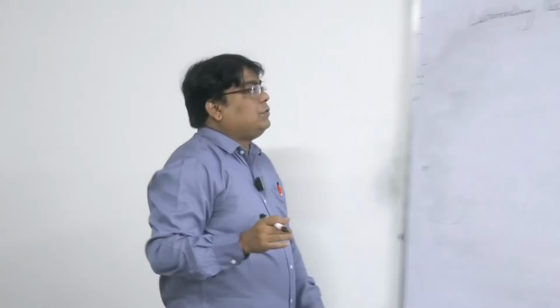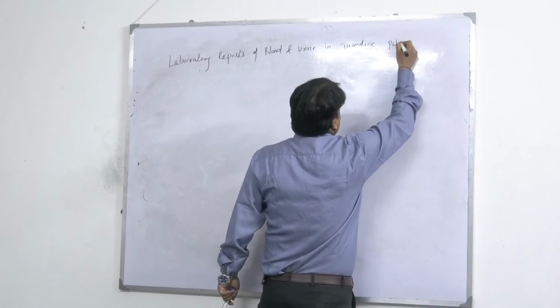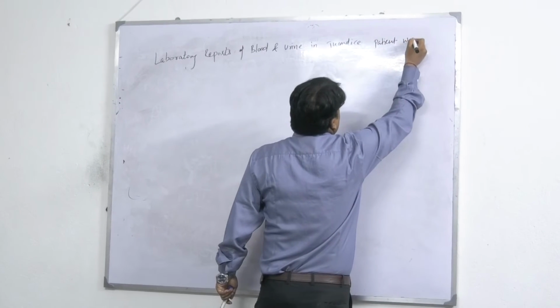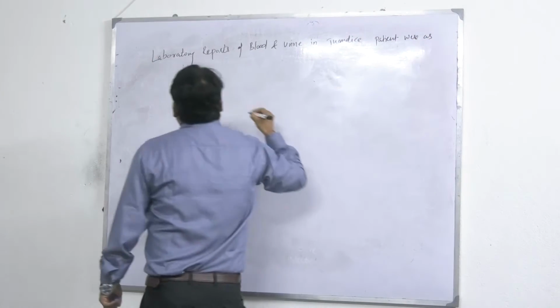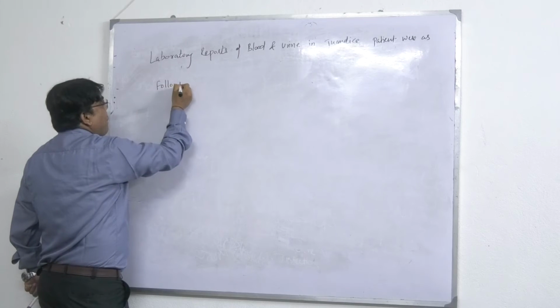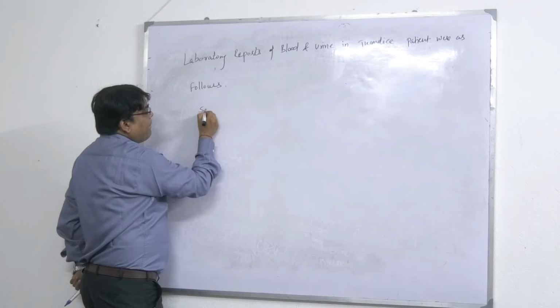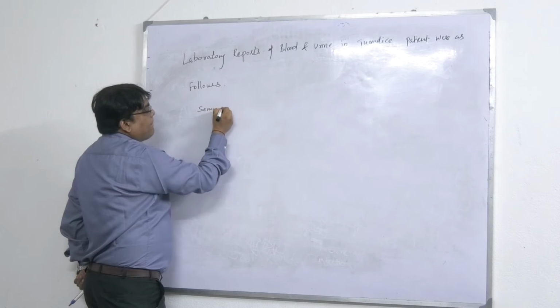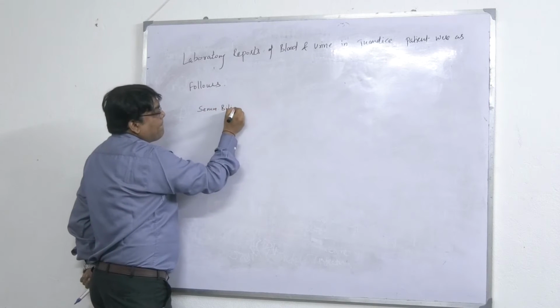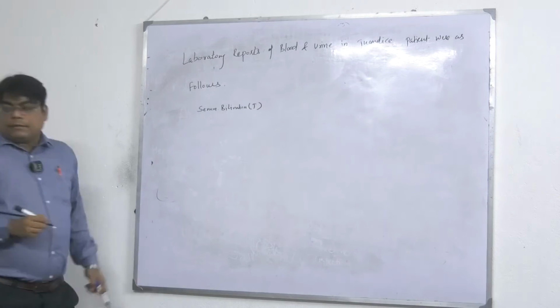Jaundice patient were as follows. The first one is serum bilirubin, total. Okay, serum bilirubin total.